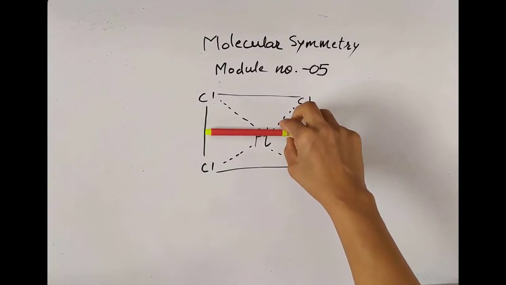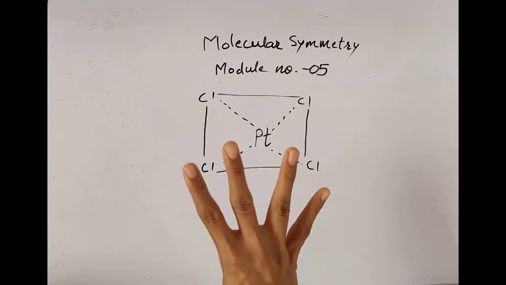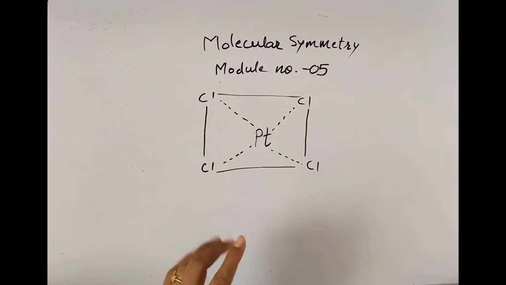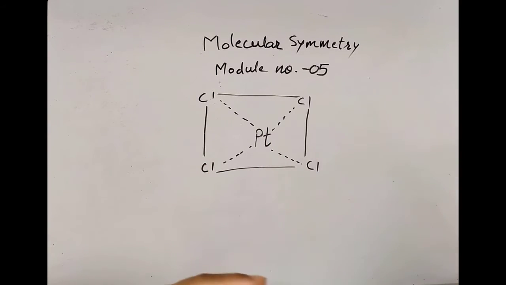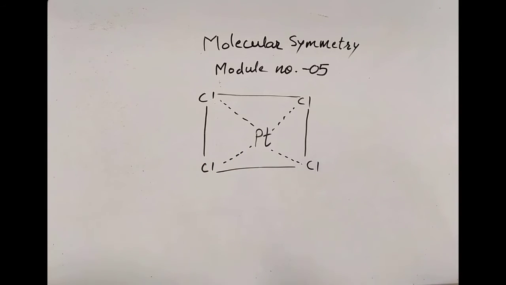You must be remembering that in PtCl4 molecule there were 4 C2 subsidiary axes. So it is very clear that it will definitely contain 4 mirror planes. Whether they are vertical or horizontal, we will decide later on. But right now there are 4 planes in PtCl4 molecule.